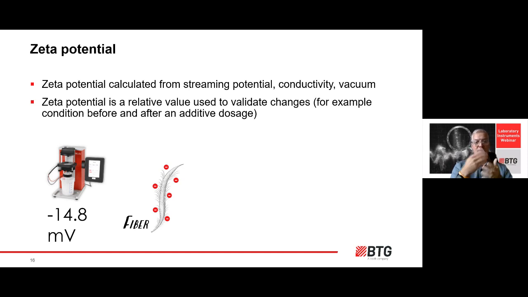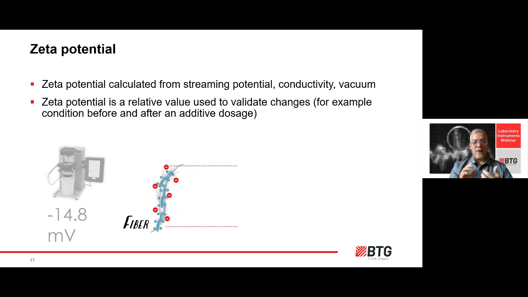So here you see a fiber that's been put into the zeta potential, the SZP, before an additive, and it's giving us a potential reading of negative 14.8, kind of the anionic or negative footprint of available charged positions. If we add cationic additives to it and then remeasure it, we can learn a lot about where the additives went and how effectively they went on the fiber by running it again.